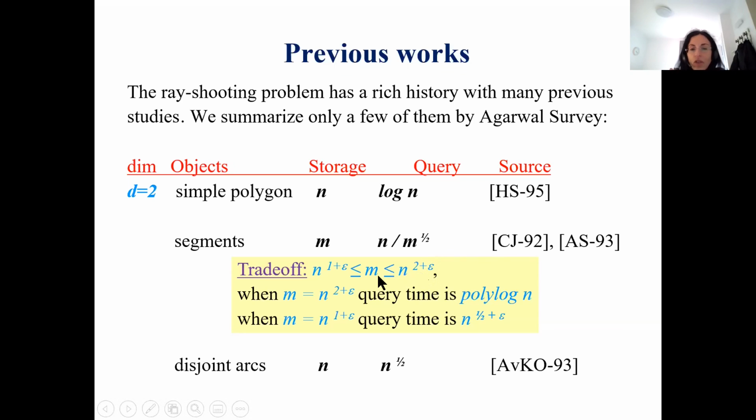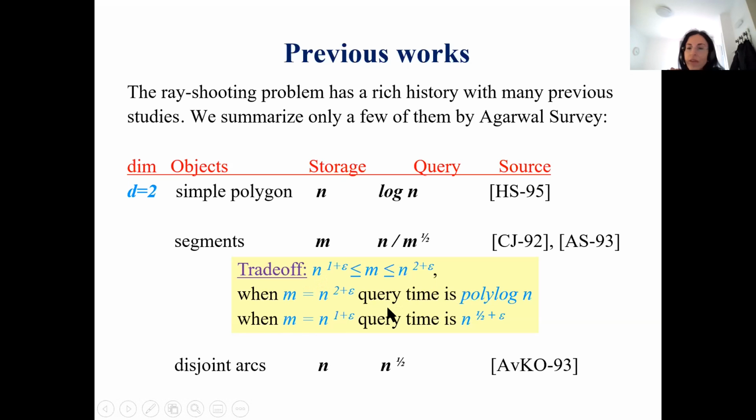The storage parameter m is an integer parameter between roughly n and n squared. When m is n to the 2 plus epsilon, the query time is polylogarithmic. And when m is linear, the query time is roughly root n. So this is the meaning of trade-off. The more we are willing to pay for the storage and preprocessing, the less we pay for the query.